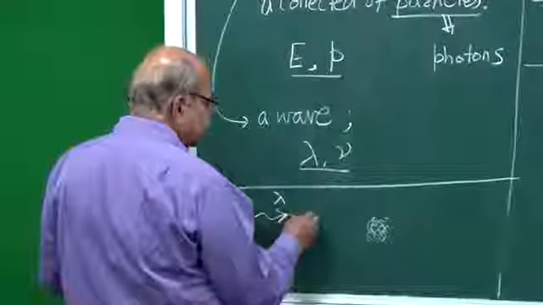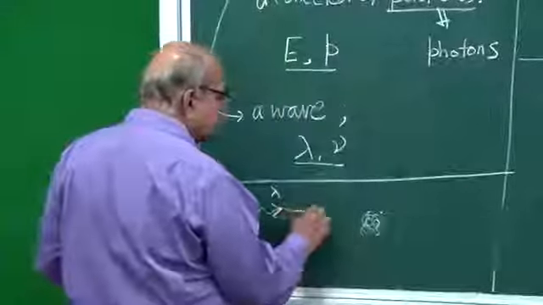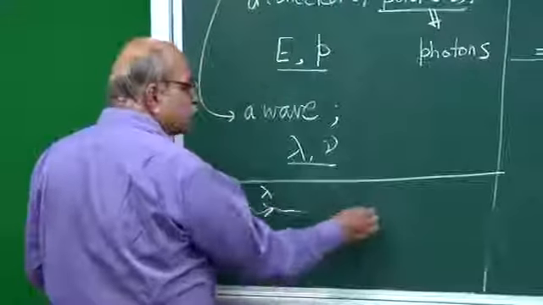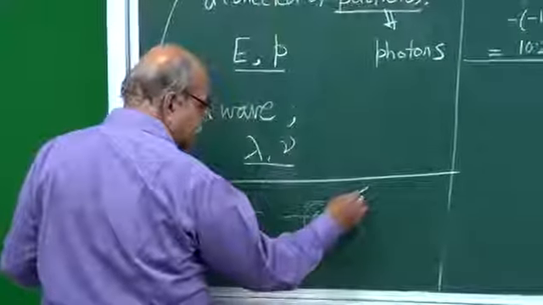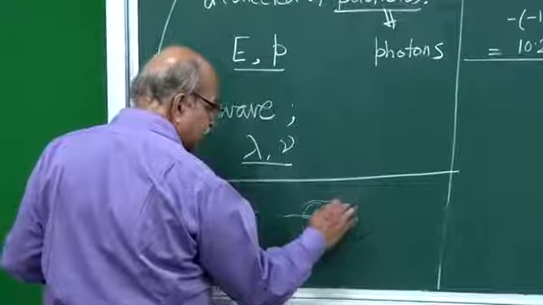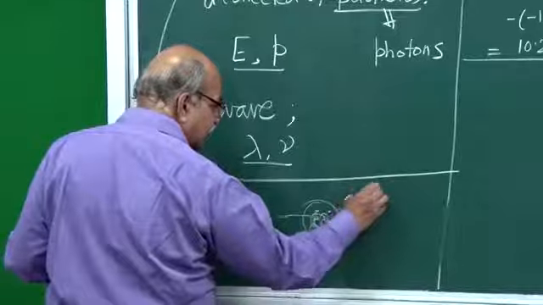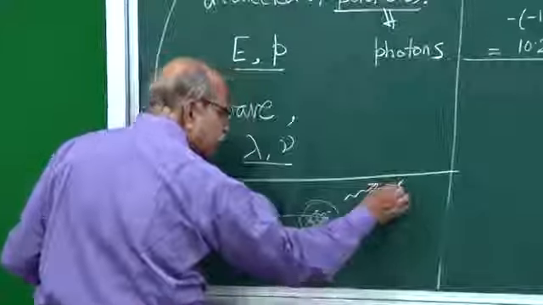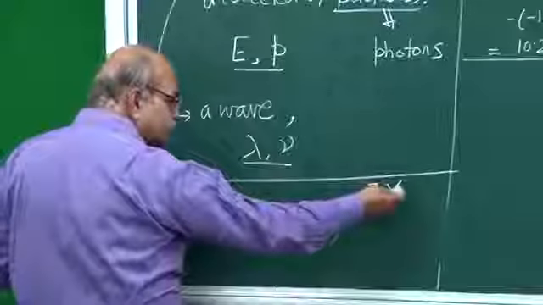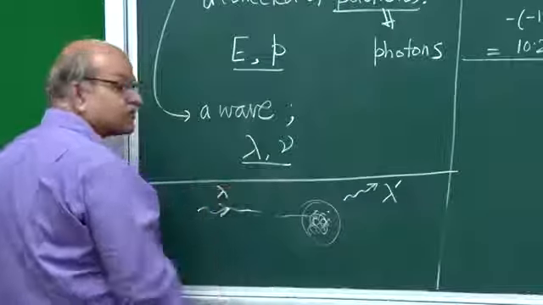So, some wavelength lambda here, and that X-ray falls on this system, and on the other side it emerges as X-ray of wavelength lambda prime, which is slightly larger than this wavelength.